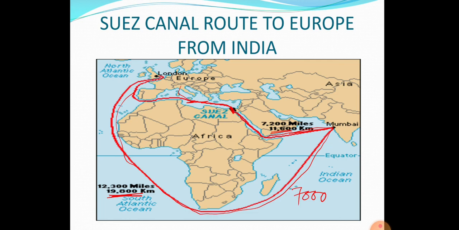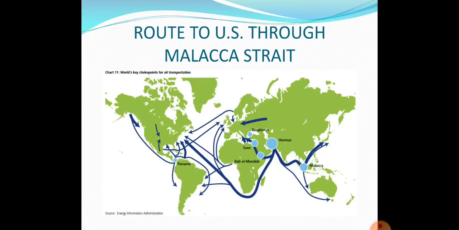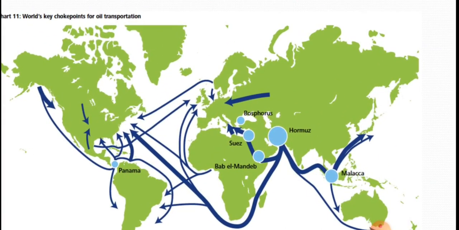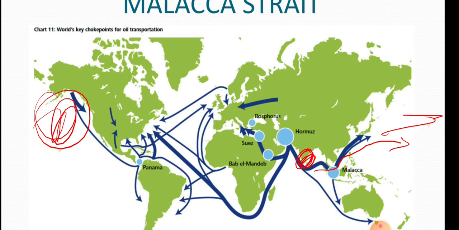Now after Suez Canal, I'll show you the route to US. Now when you are looking at a map, you should remember that the map is not a flat thing. It is the map of the world, so it is round. So from India, from here you cross Malacca Strait and you go towards the western side of US over here. You come out here, so you go from here and you come out over here.